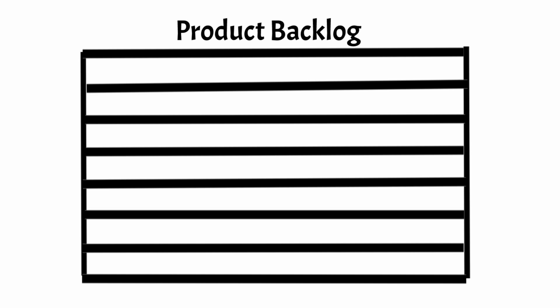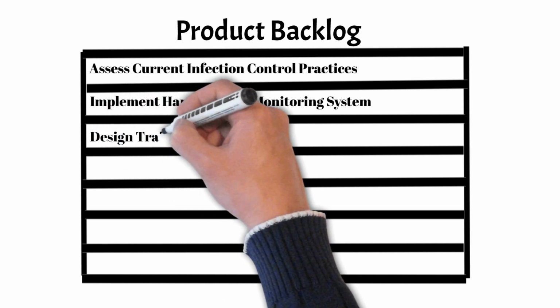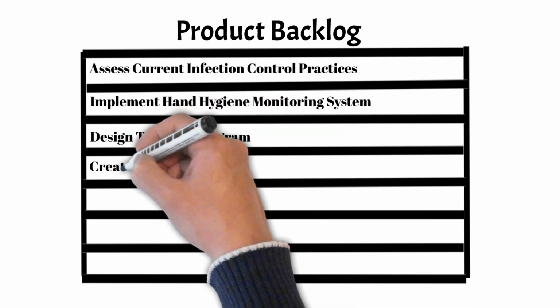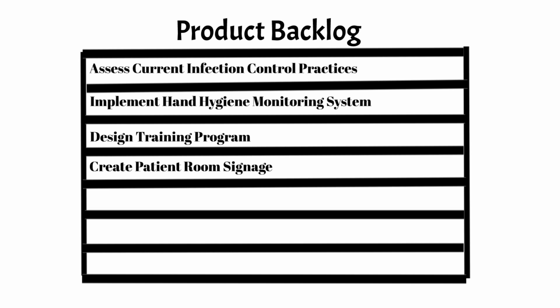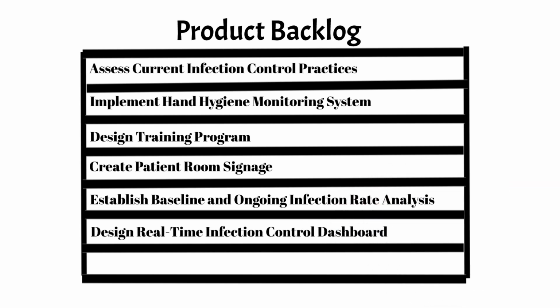For example, a product backlog for the design of a new hand hygiene system might include the following: assess current infection control practices, implement hand hygiene monitoring system, design training program, create patient room signage, establish baseline and ongoing infection rate analysis, design real-time infection control dashboard, and design compliance campaign.